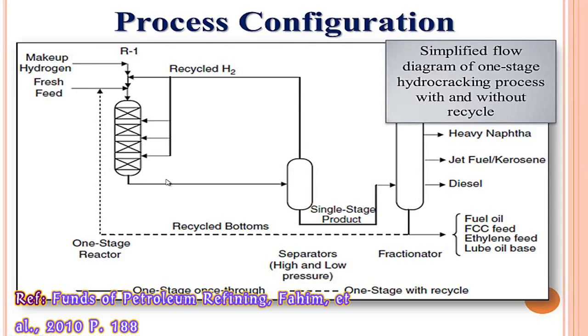However, a high conversion is required. The product from the bottom of the distillation tower can be recycled. The configuration can be used to maximize the diesel products, and is employed with the amorphous catalyst.